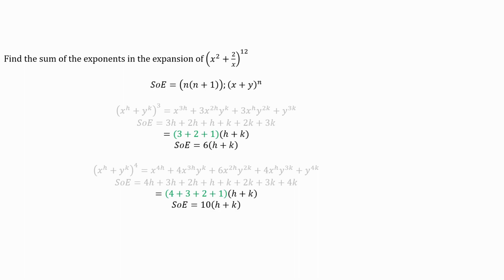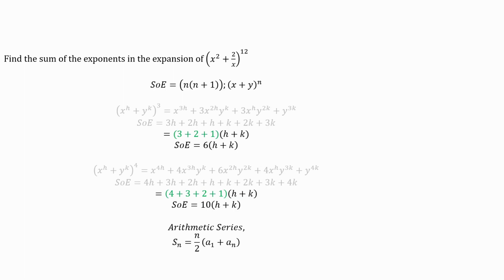So kung mapapansin nyo, descending order galing dun sa n. So n, and then minus 1, and then minus 1. So 3 plus 2 plus 1. Tapos dun sa 4 din, descending order galing dun sa n. Or meron silang common difference na 1. So 4 plus 3 plus 2 plus 1.